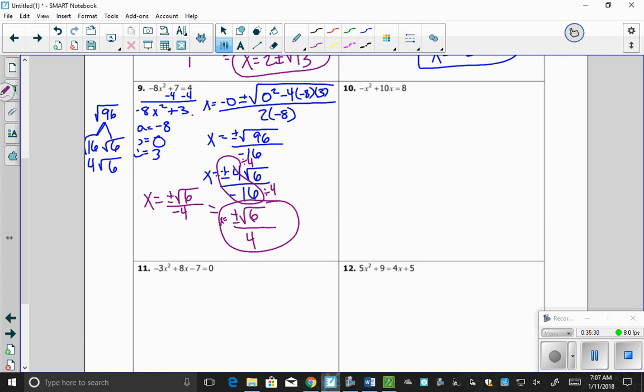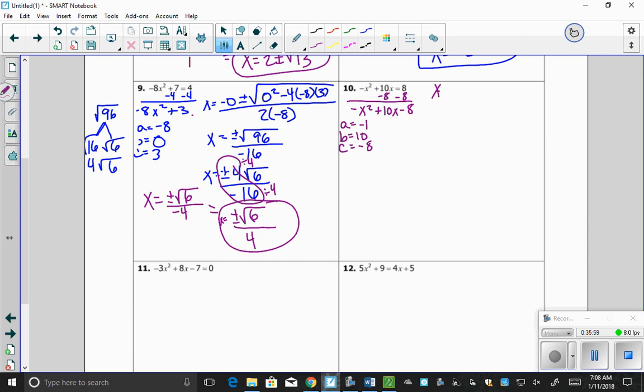Number 10. Subtract 8 from both sides, and you're going to get negative x squared plus 10x minus 8. Label A, B, C, and you get negative 1, positive 10, negative 8.